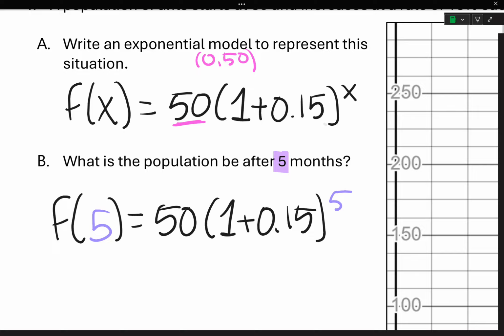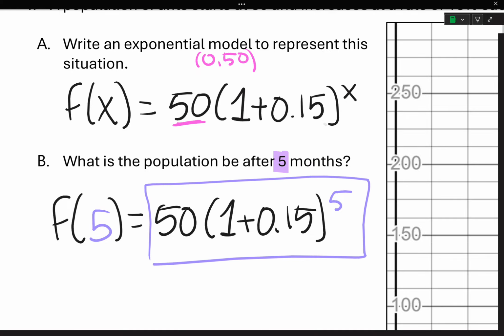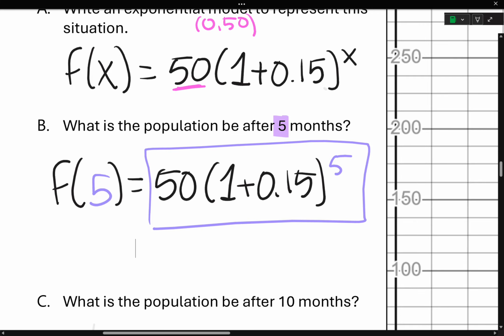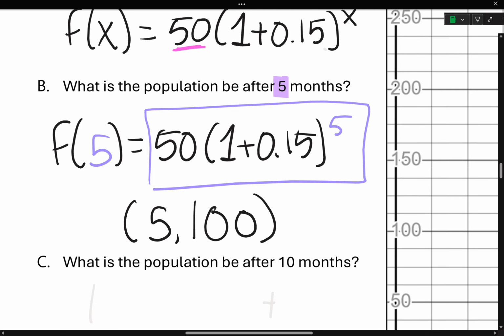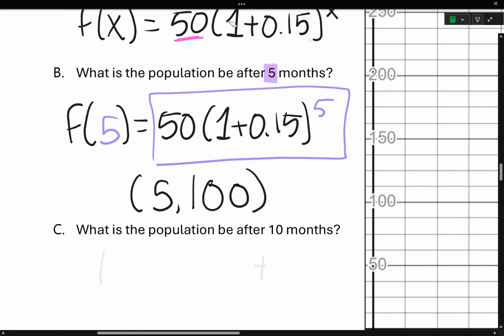You're going to put this part in your calculator, and the answer you get is going to be our y coordinate. So after 5 months, we have about 100 ants. I rounded down because we can't have point something of a living being.